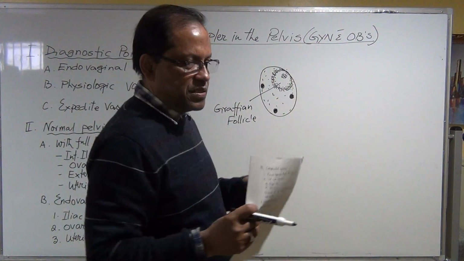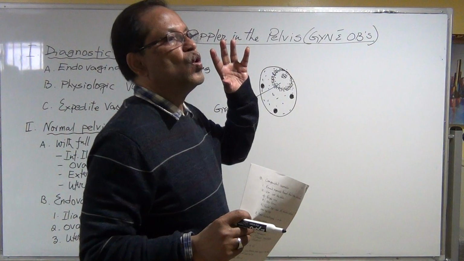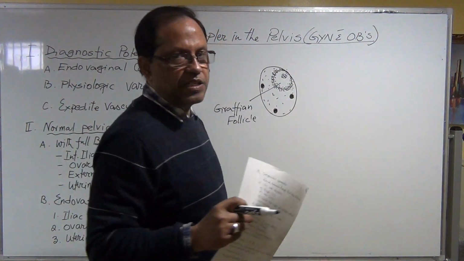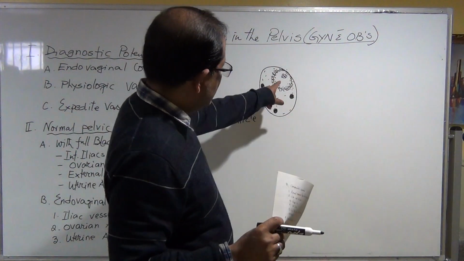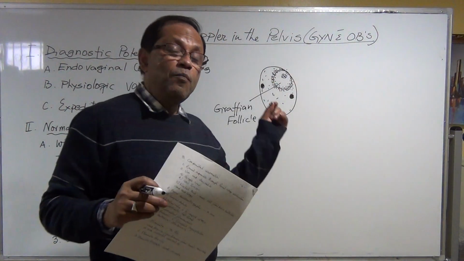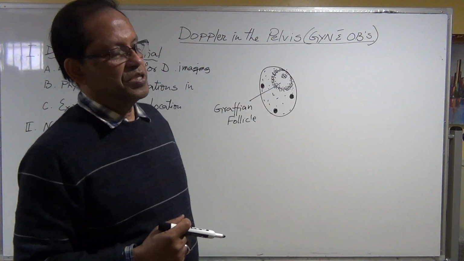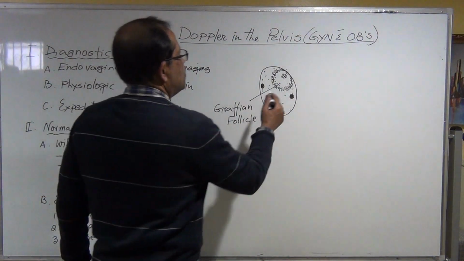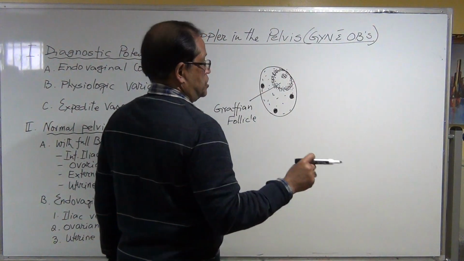Graafian follicle means it's a definite healthy ovum and ready for fertilization, right? At this phase, it completes the first meiotic division. Completed. Okay? So now it is ready for ovulation.